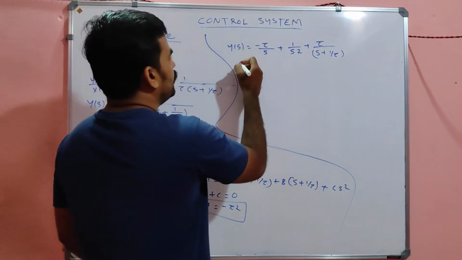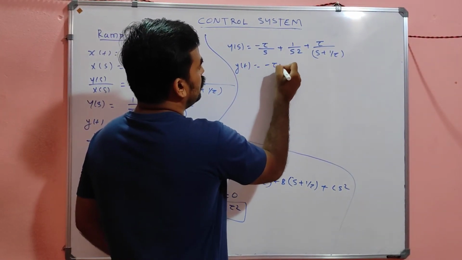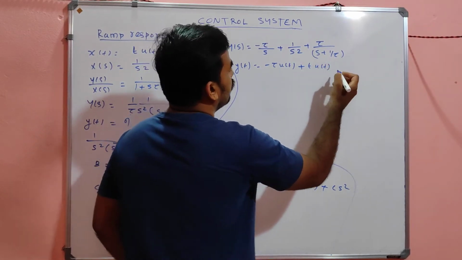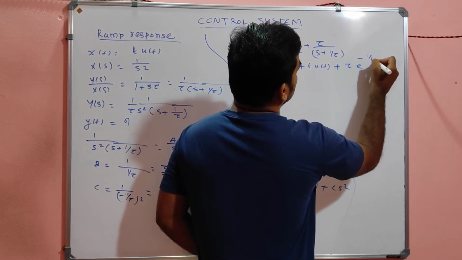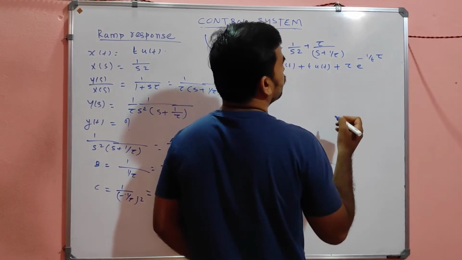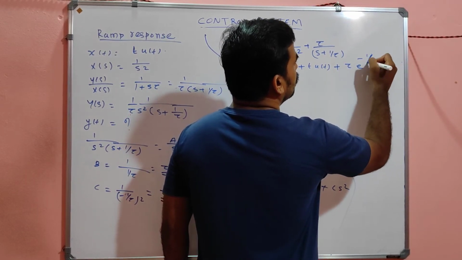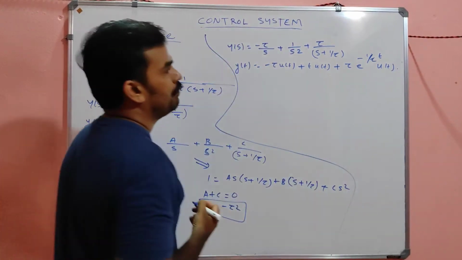And how can we find y of t, my dear? y of t will become minus tau into u of t, plus t into u of t, plus tau into e raised to minus 1 by tau into t.